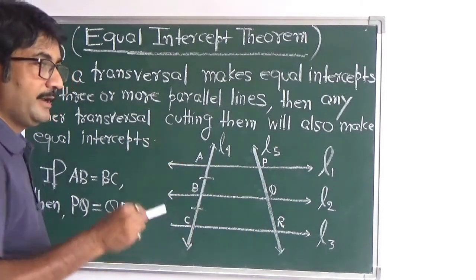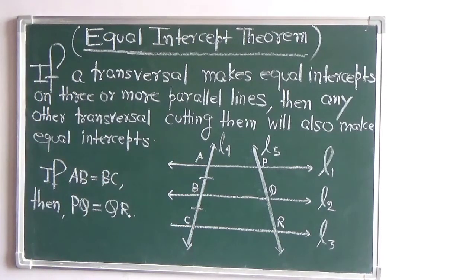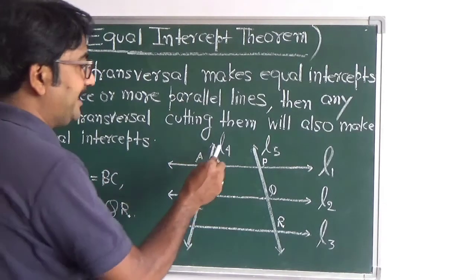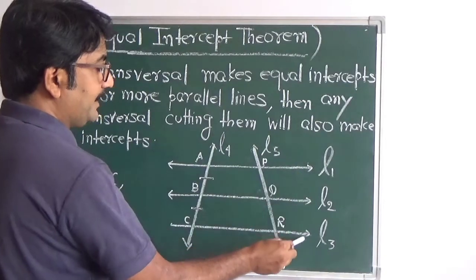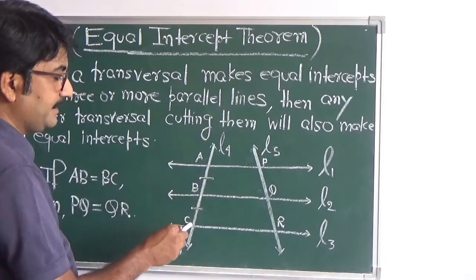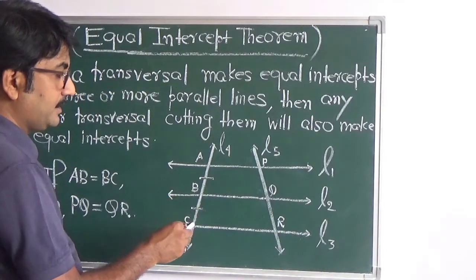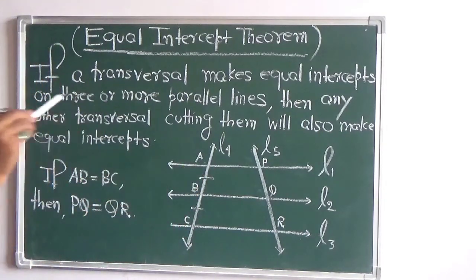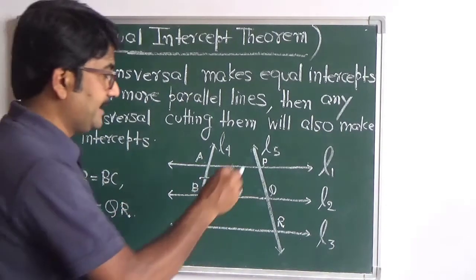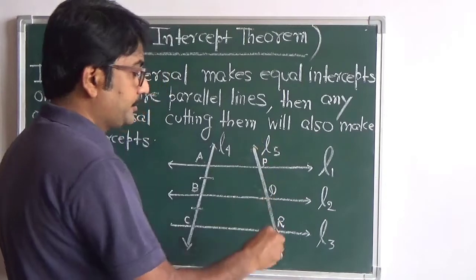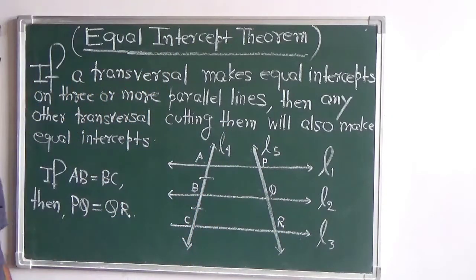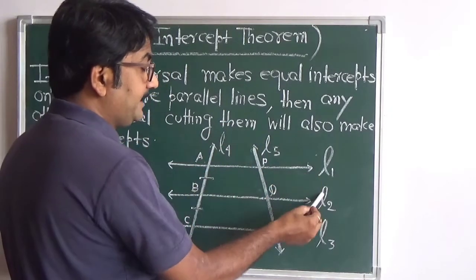and BC. Now according to the equal intercept theorem, if the intercepts made by L4 on L1, L2, L3, that is AB and BC, are equal, that is AB equals BC, then any other transversal like L5 in this case will also cut off equal intercepts on the three parallel lines L1, L2 and L3.